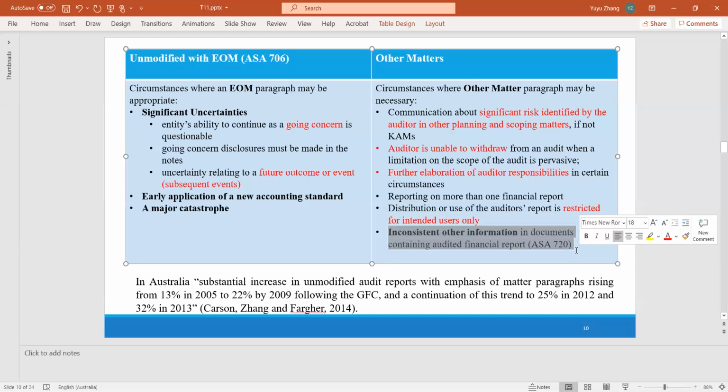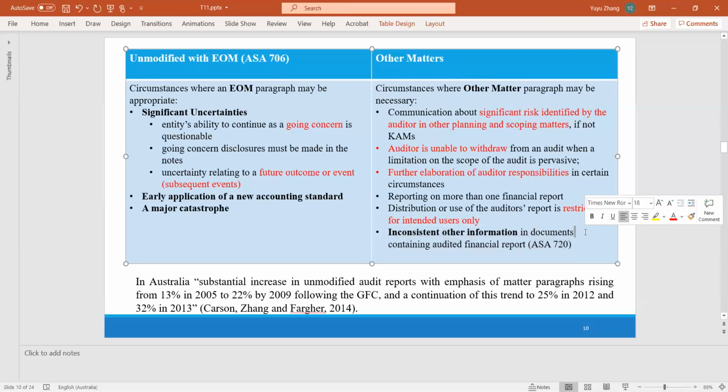If the directors refuse to correct, then they need to disclose that in other matter paragraph. Okay? You still following? So I want to keep your attention on the inconsistent other information in other parts of the annual report; that is a special situation for other matter paragraph.